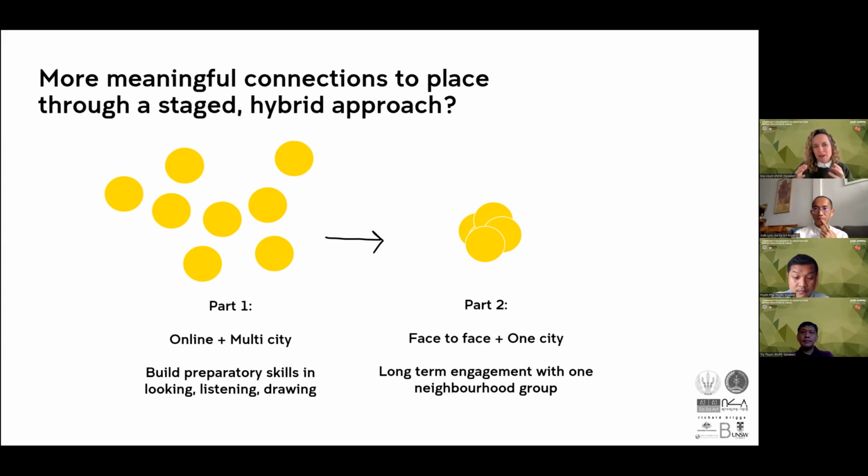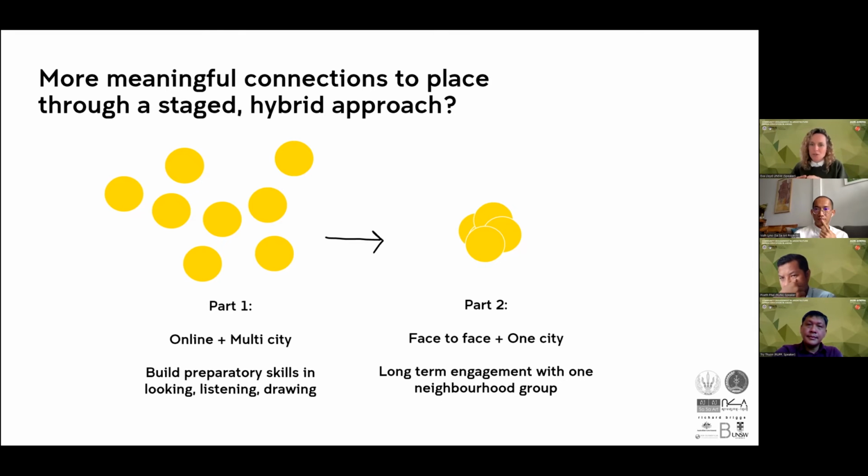The thought is that perhaps we could break this into two stages, whereby in part one, students, teachers, and guests could come together from international locations online and work in their local areas. But we could really focus on building those preparatory skills in community-centered looking, listening, engaging and drawing.